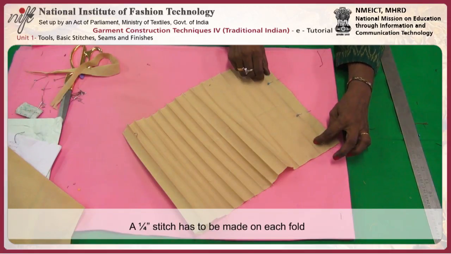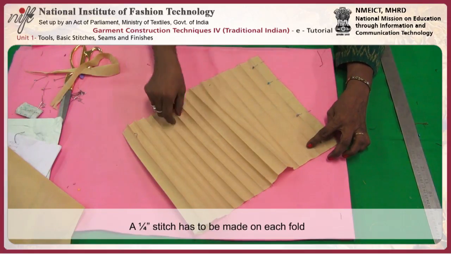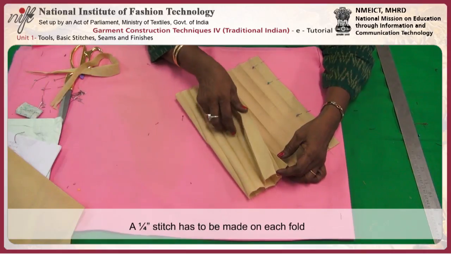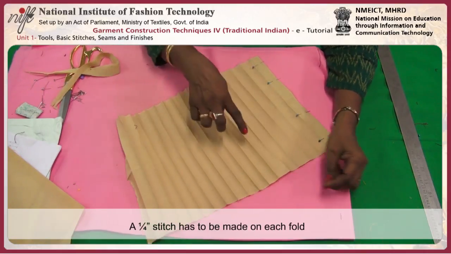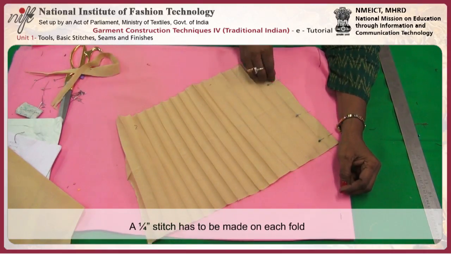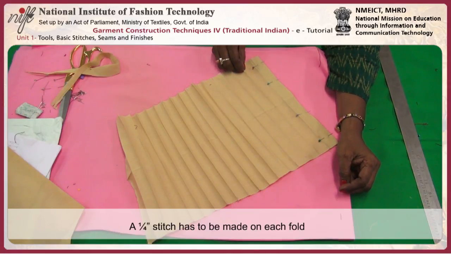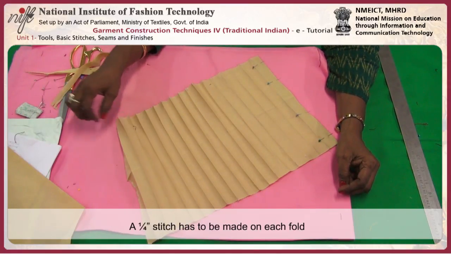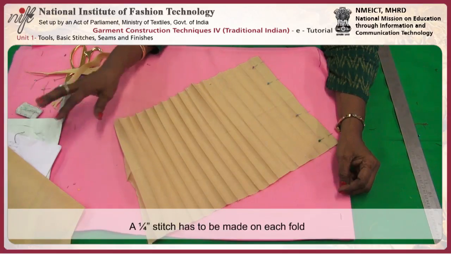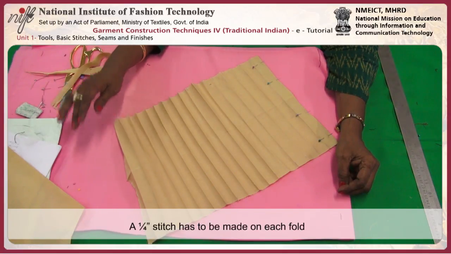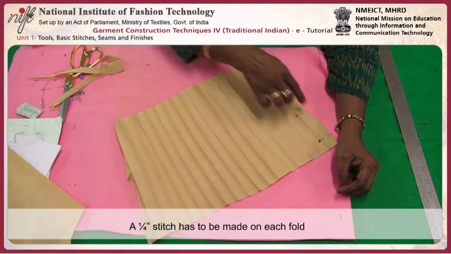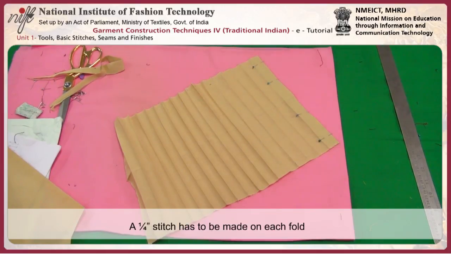So we are going to continue quadrant stitch on each fold because we made the fold at 1 inch intervals. When you make the stitches at that particular level, then it will give equal distribution, and the quality of the tuck will also be perfect. So today we are doing the quadrant tucks.